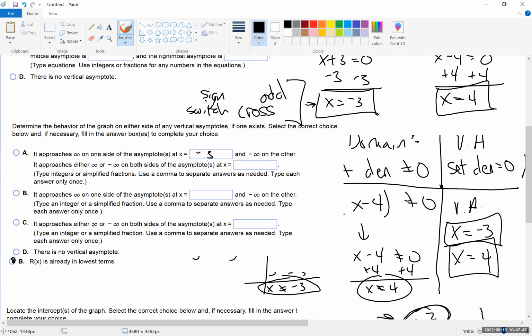And you've got to be careful because they already put x equals. So you just have to put in the negative 3. There we go. And then it approaches negative infinity on both sides. Oh, so A is not what we want to choose. We need to choose the one that has both. It approaches negative infinity on one side and on the other.